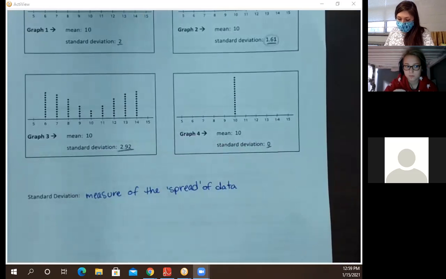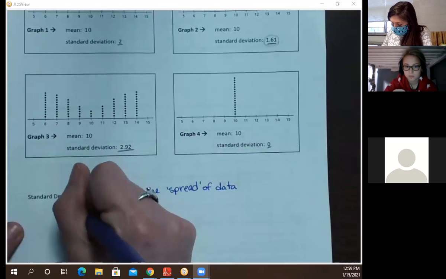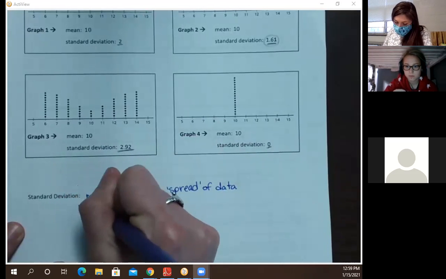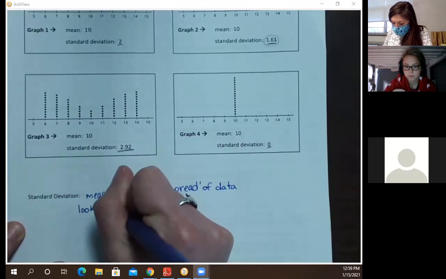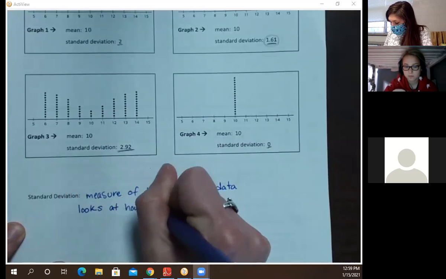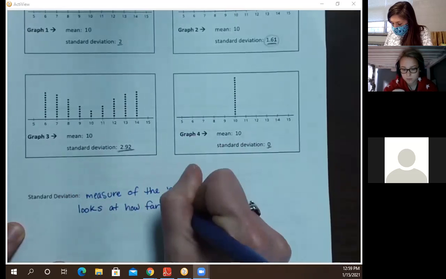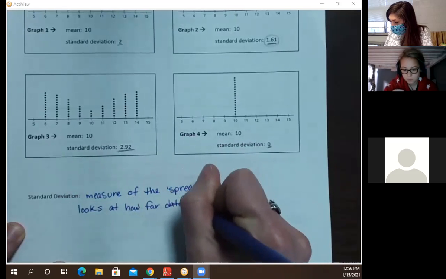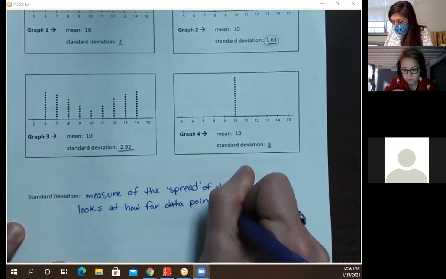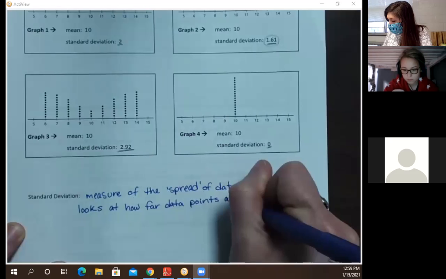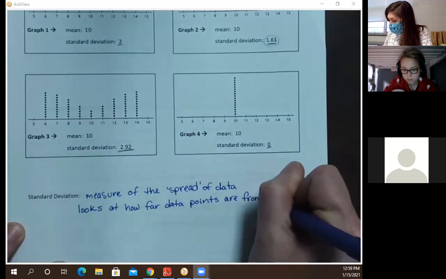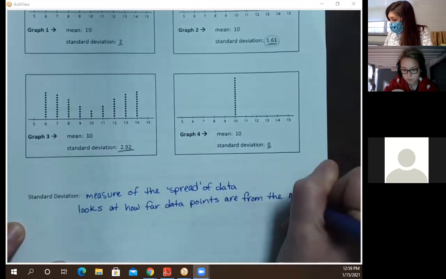Specifically, what we're measuring is how far data points are from the mean. That's what we're looking at with standard deviation. It looks at how far data points are from the mean.